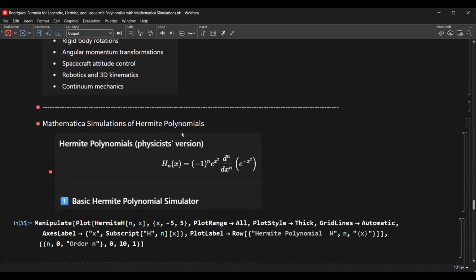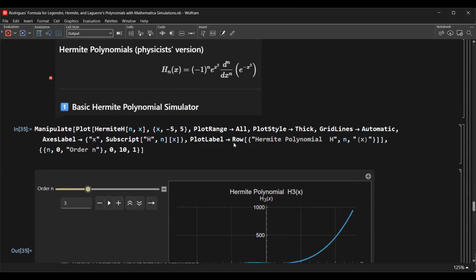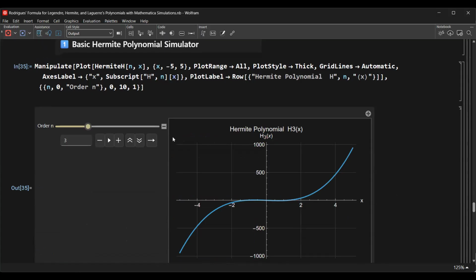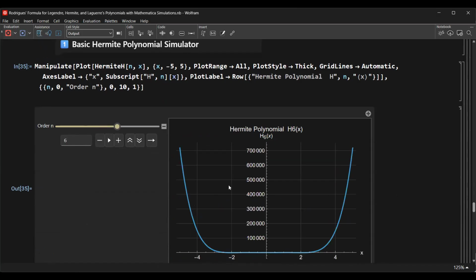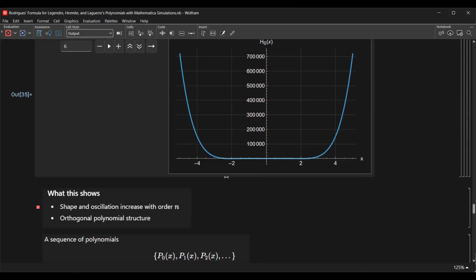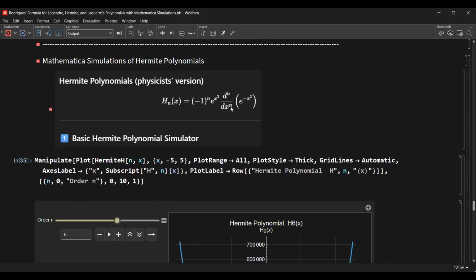The Mathematica simulation of Hermite polynomials. So here we have the Hermite polynomial. For example, n equal to 3 here, and n equal to 4, n equal to 6. We just substitute here for n equal to 0, n equal to 1, n equal to 2.